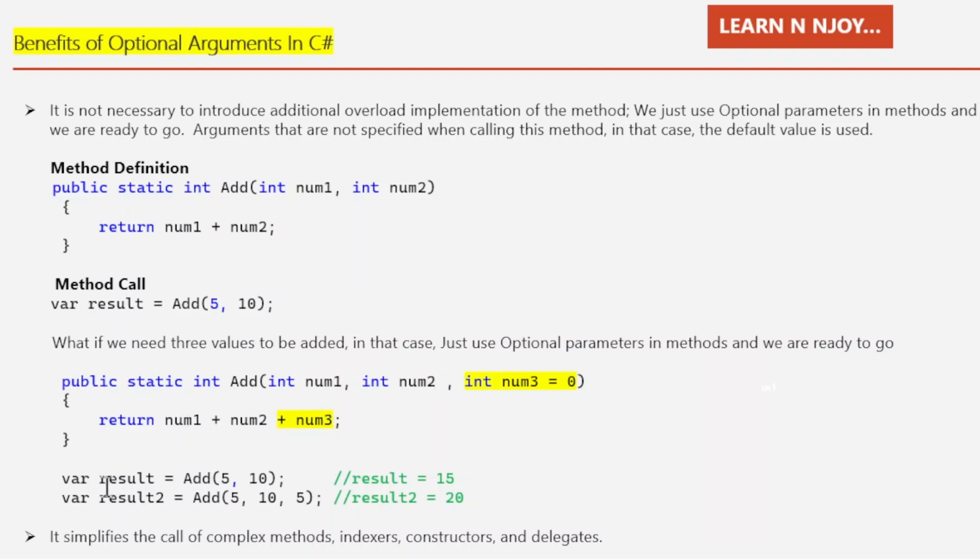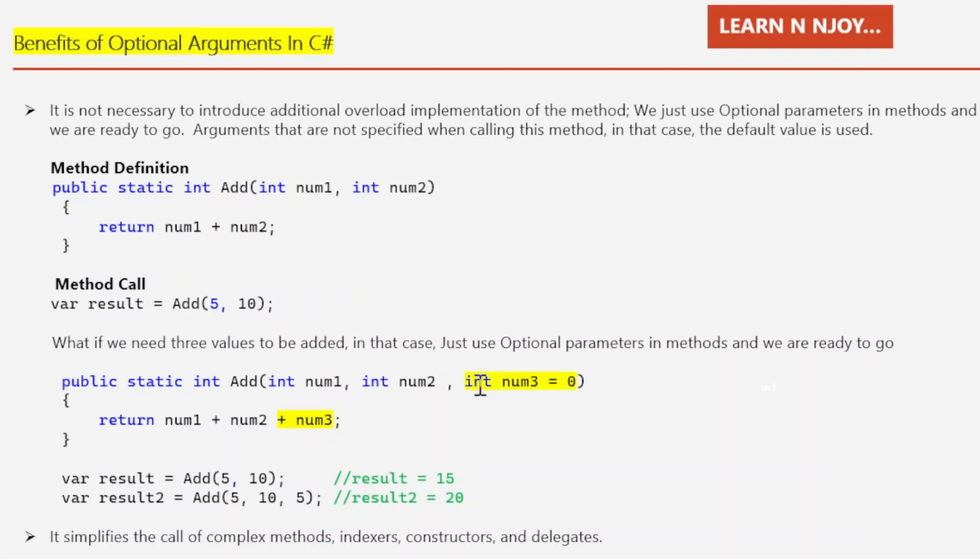And that's what I have written, where result = add(5, 10), it is just going to result in 15. And if you write the third argument, that is the optional argument, add(5, 10, 5), this is going to return 20, right? So we are saved. We don't need to create an overload method and do all those things, and for the different calls we don't need to make any changes either.